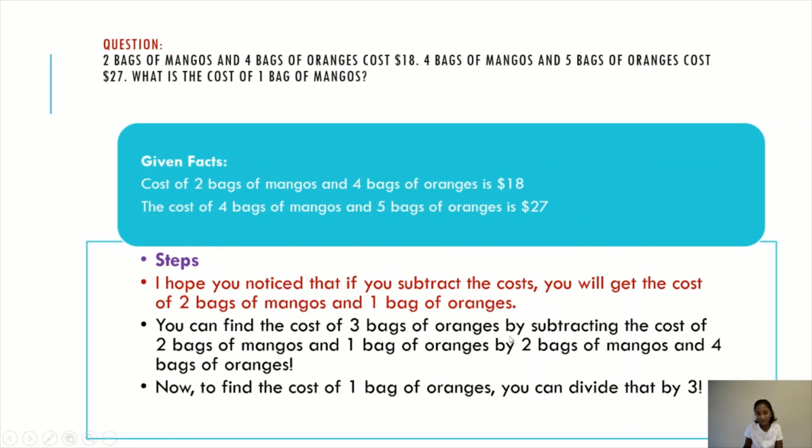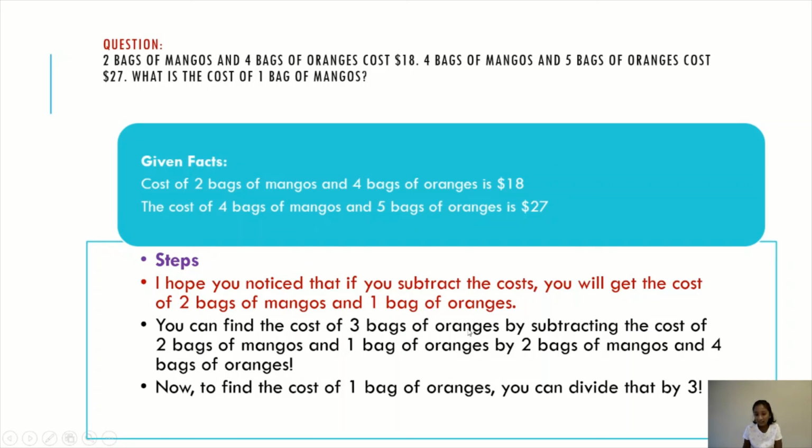So let's subtract the costs. The cost of 2 bags of mangoes and 1 bag of oranges is $9. And the cost of 2 bags of mangoes and 4 bags of oranges is $18, which they gave in the question. Now let's subtract those. 18 minus 9 equals 9.